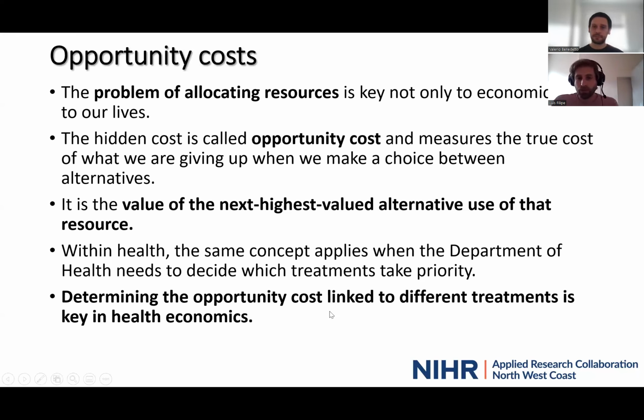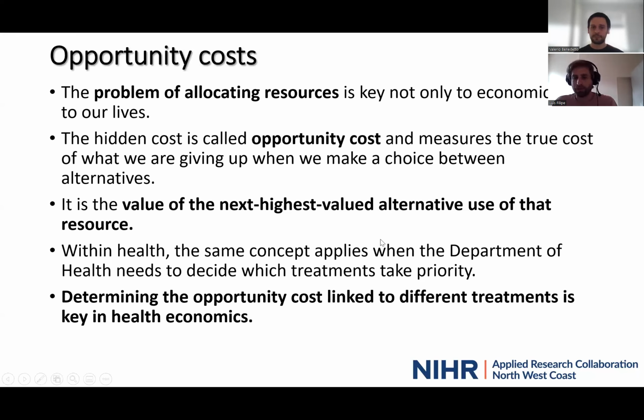Believe me, this concept of opportunity cost is widely used across the entire discipline of economics, but it's also very useful in the subfield of health economics. And it's very useful for decision making because every time the decision makers that decide how to allocate resources in health make a decision, they need to know exactly what they are giving up.